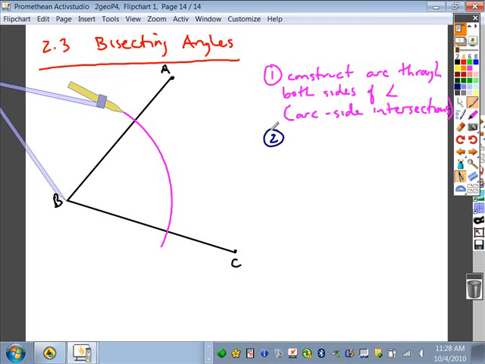Okay, once you construct your arc side intersections, you're going to place a compass tip on one of those arc side intersections. And you're going to construct an arc in the interior of your original angle.